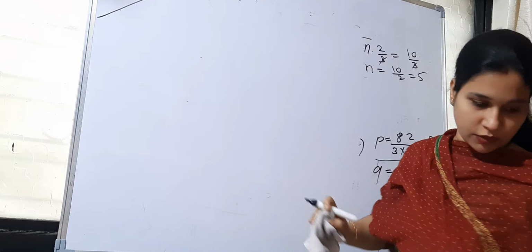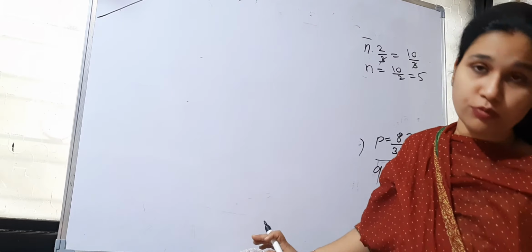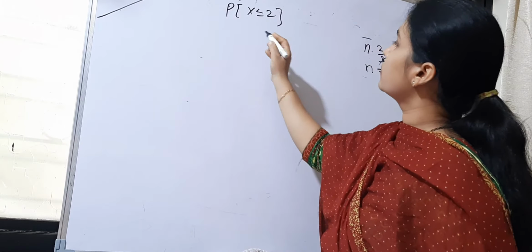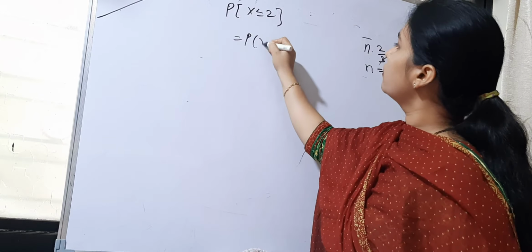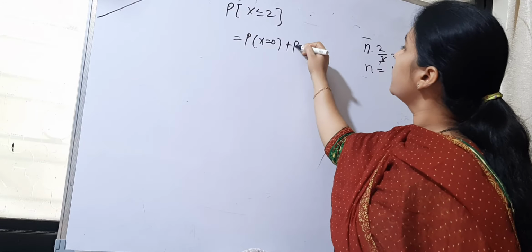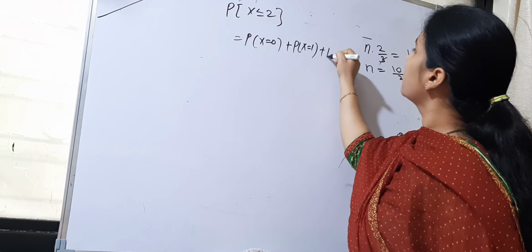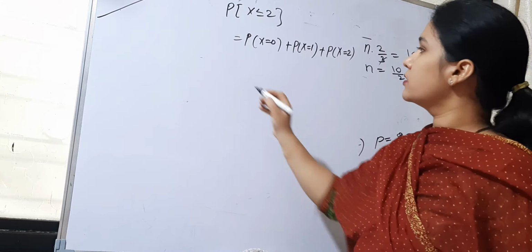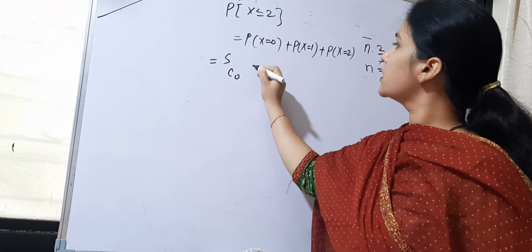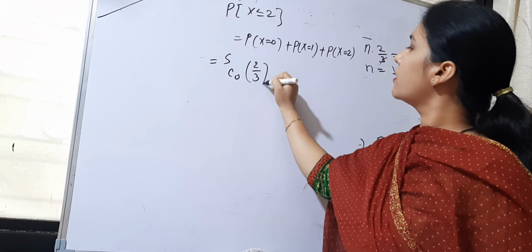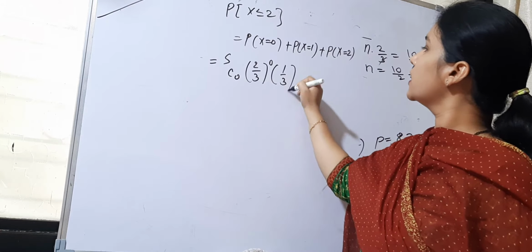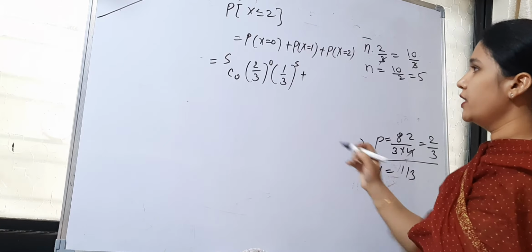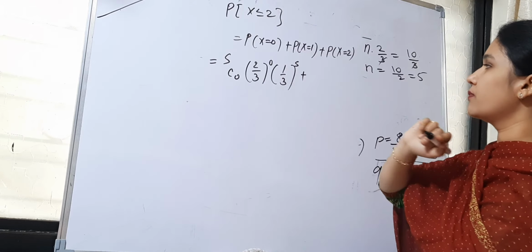Next, what we have to find: x at most 2 means probability of x less than or equal to 2. So probability of x equal to 0, probability of x equal to 1, probability of x equal to 2. For 0, 5C0, 2 by 3 power 0, 1 by 3 power 5. What I am doing is putting in the formula. n is 5, p is 2 by 3, q is 1 by 3.